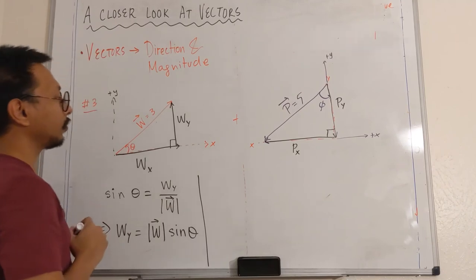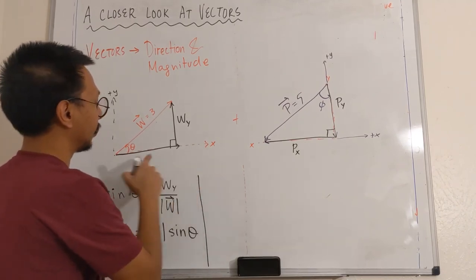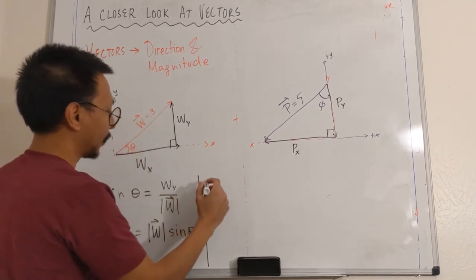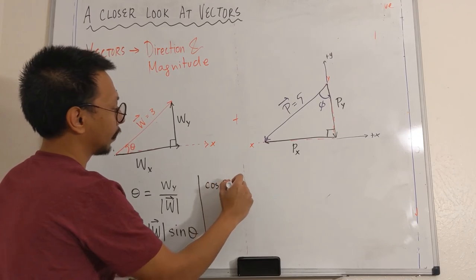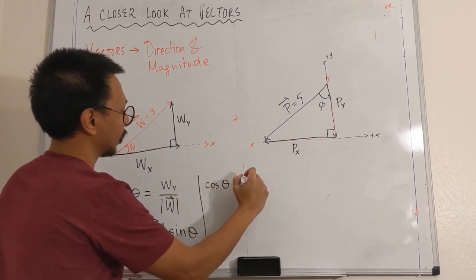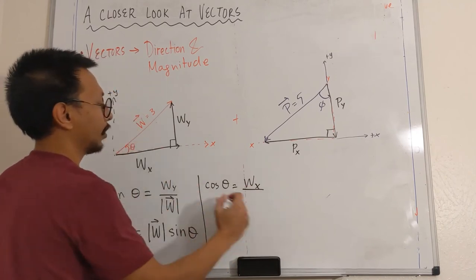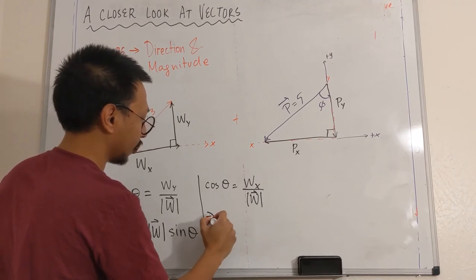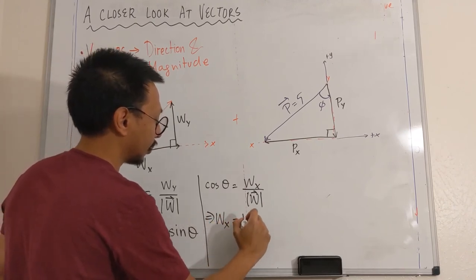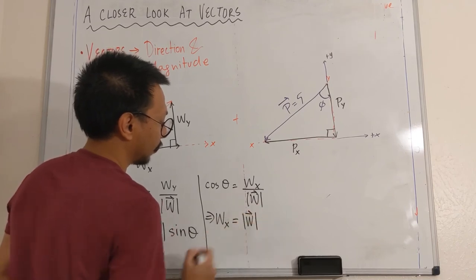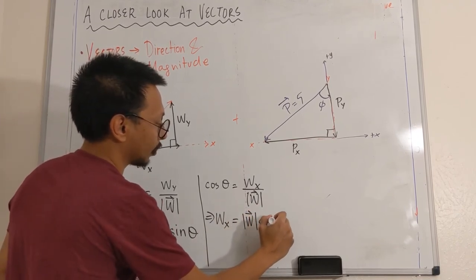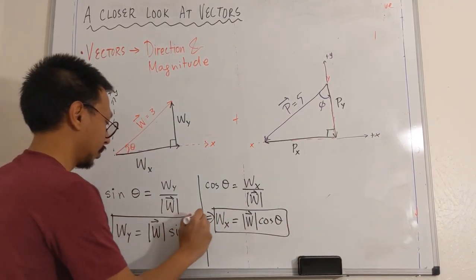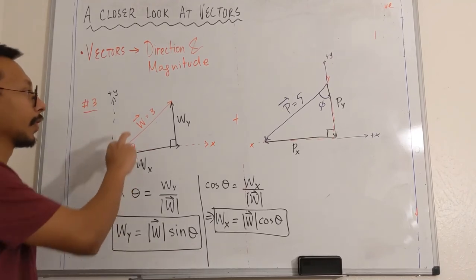Similarly, we can find wx, because this is the adjacent of the right angle triangle. We'll have cosine theta equals adjacent, which is wx, over hypotenuse, which is the magnitude of the resultant vector. So wx is magnitude of w times cosine theta. Okay, so these are components of the vector w.